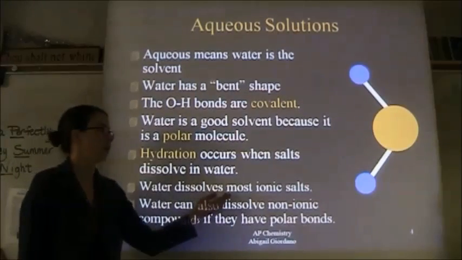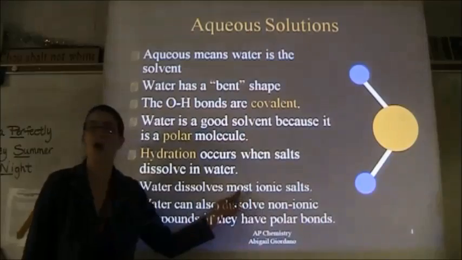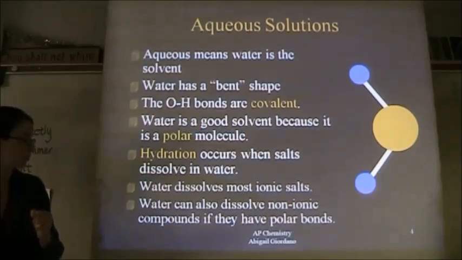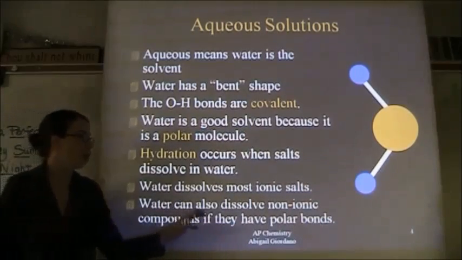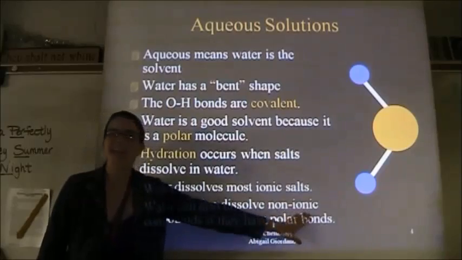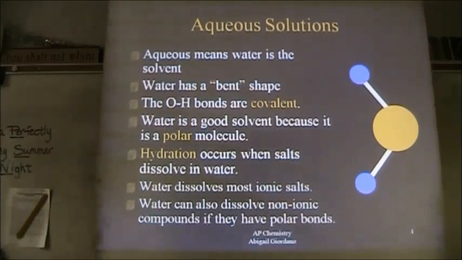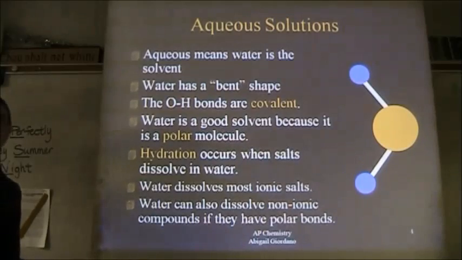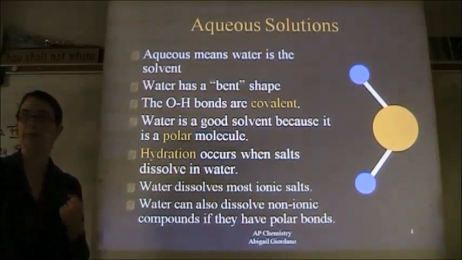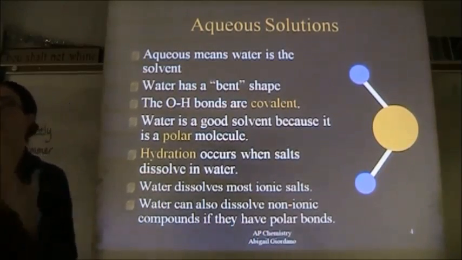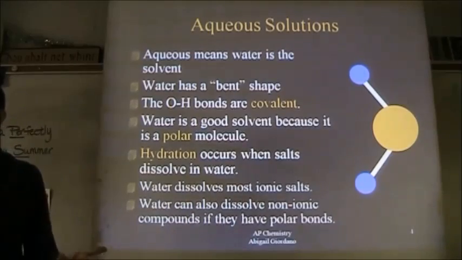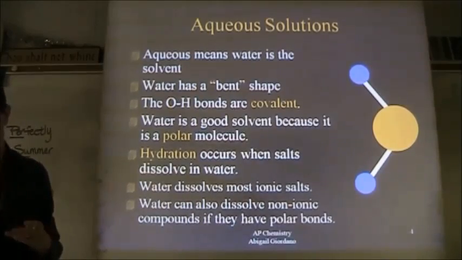Water dissolves most ionic salts, not all, but most. Water can also dissolve, and when I say non-ionic, what I really mean is covalent solutes, as long as that covalent solute is a polar molecule. Okay? So water can dissolve not everything, but many, many things, most things.